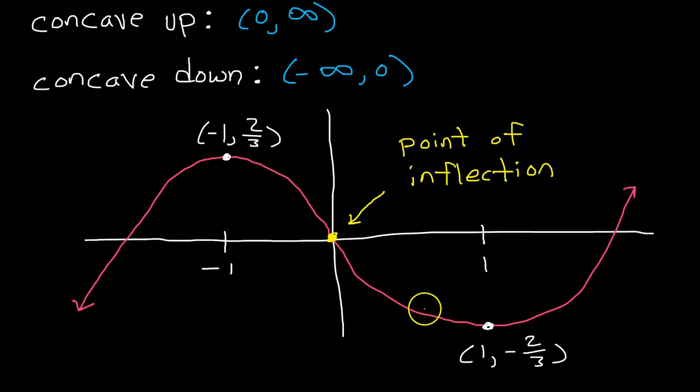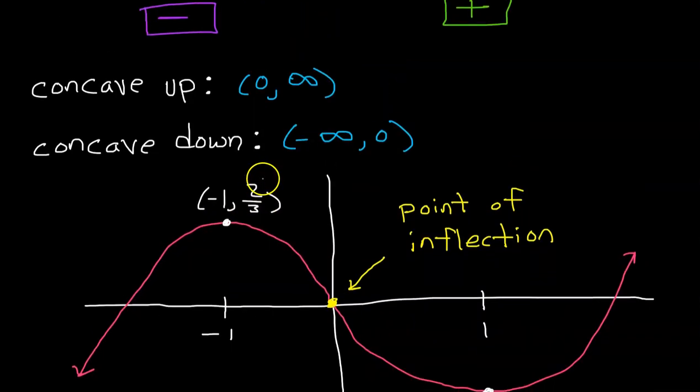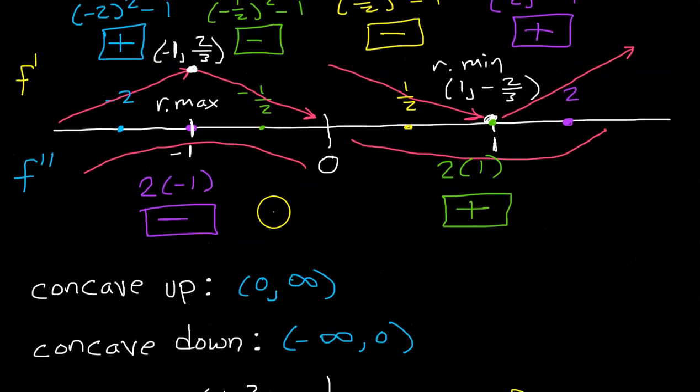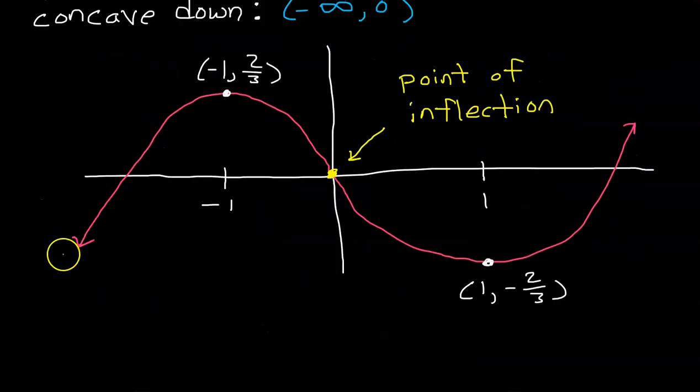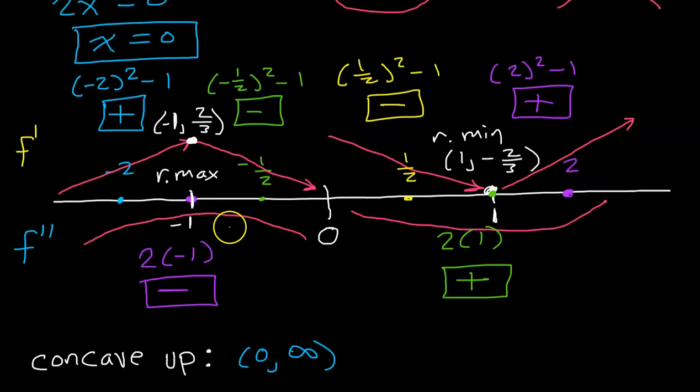In this case, it is fitting well with the increasing and decreasing intervals. Notice that we predict that the function will be increasing from -∞ to -1. So sure enough, this graph is rising from -∞ to -1.